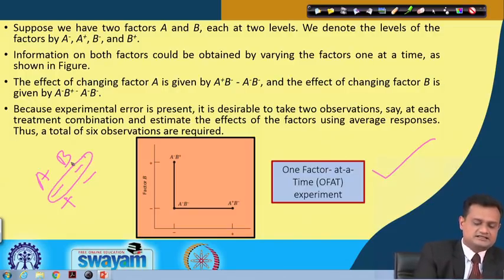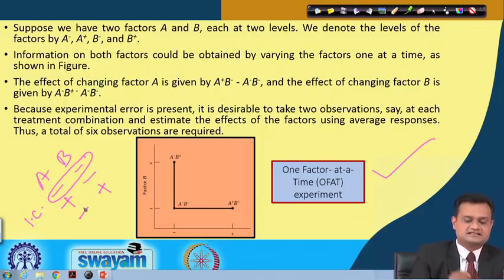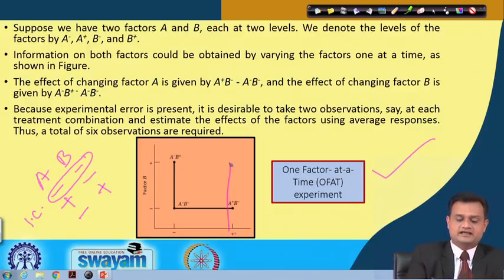So I will call this the initial condition, IC, and when I change factor B to positive, I will keep A at the initial condition. So I will not have plus plus, meaning both set at plus, and that is why this particular point is missing.